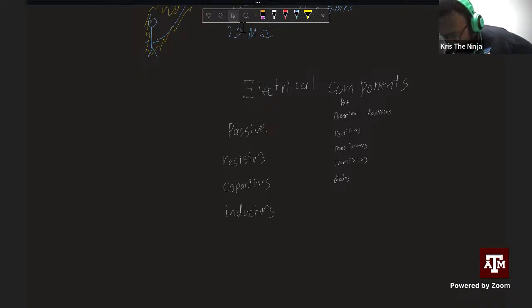So these are also typically called op amps. These amplify signals. These smooth signals.